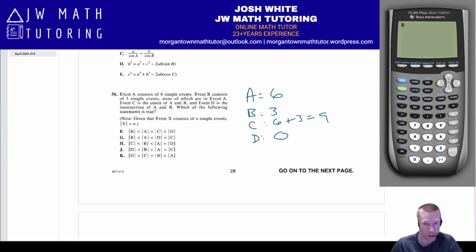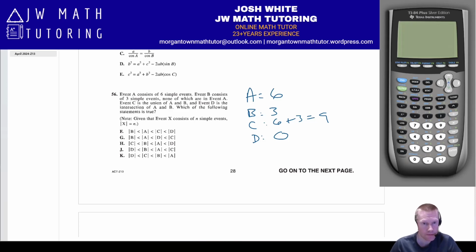So now we can go ahead and get everything lined up. Notice this absolute value notation here, that's just equal to the number of events we have for each of these things.